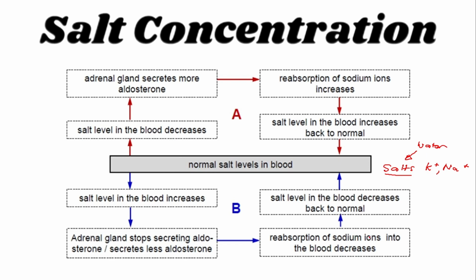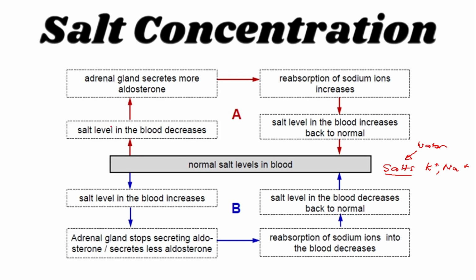Okay. If there were more sodium ions in your blood, then it's going to attract more water into your blood. Okay. And then eventually salt level in the blood decreases and it goes back to normal. So that's if the salt level increases and then it decreases. So it works together with what we just discussed recently, like osmoregulation. Okay. And yeah, that's basically how it works.